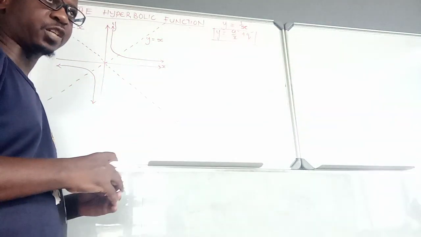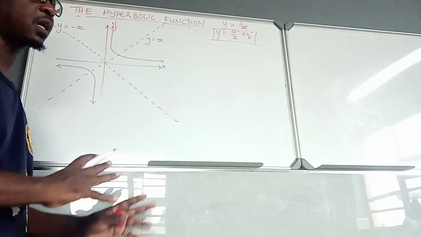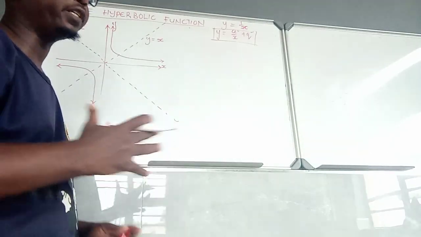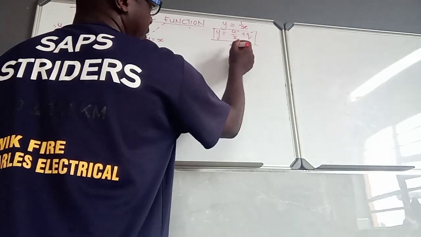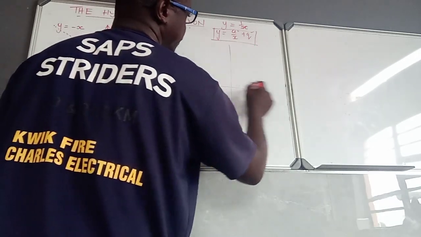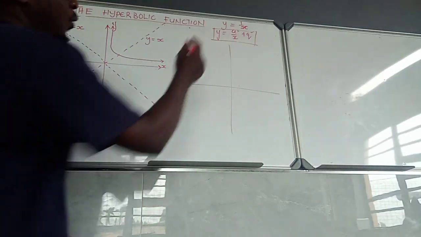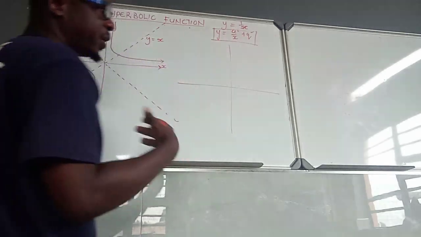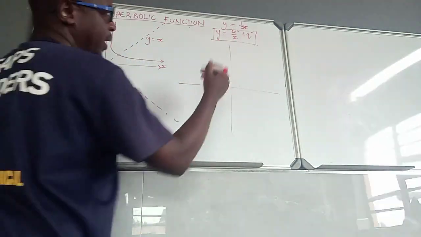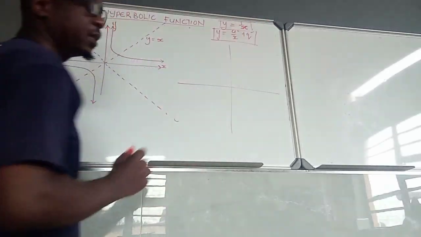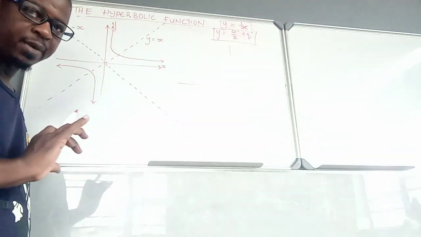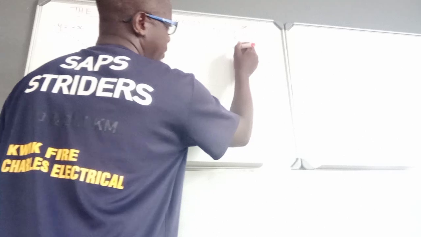What do we mean by transformation of a graph? It means the graph can change with respect to a and q. Let's see how this is going to affect our graph. When we want to write a hyperbola, generally we first take y is equal to 1 over x. That is the mother graph.